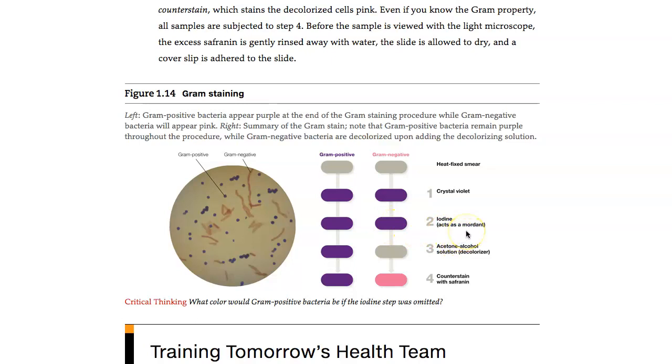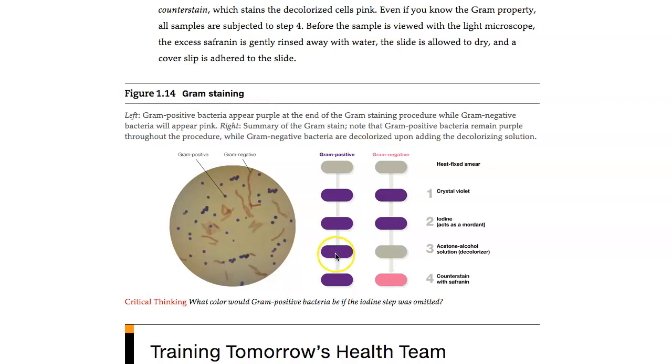Now, we're going to take those cells that have been stained with the crystal violet and the mordant, and we're going to use a destaining or decolorizing solution that can have a couple of different ingredients, but most commonly is an acetone alcohol mixture. And what's going to happen is that here's where your differential reaction comes in. Because it turns out that the gram-positive cells, or bacteria with a certain type of structure that's capable of retaining the stain, has a very thick cell wall consisting of multiple layers.